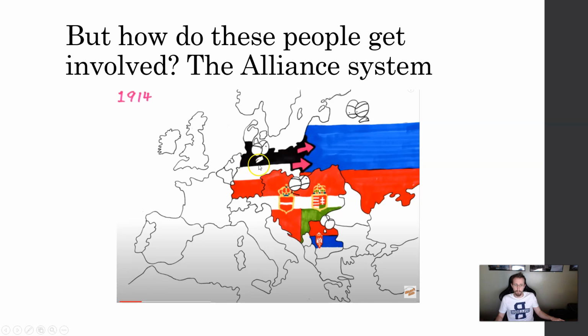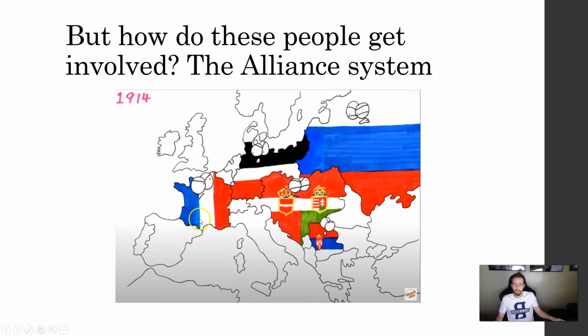So it was like Germany, which I know Germany is more like here in today's map, but back then it was like this. Germany was like, oh no, you can't attack our friends in the Austro-Hungarian Empire. So now Germany is fighting Russia and Serbia. But then at the same time, Russia has friends. So France was like, hey, Russia is our friend, so we've got to help out our friends in Russia.